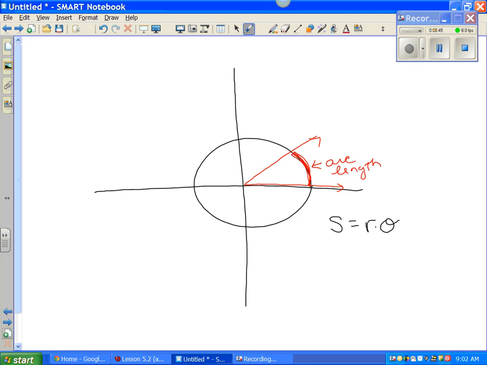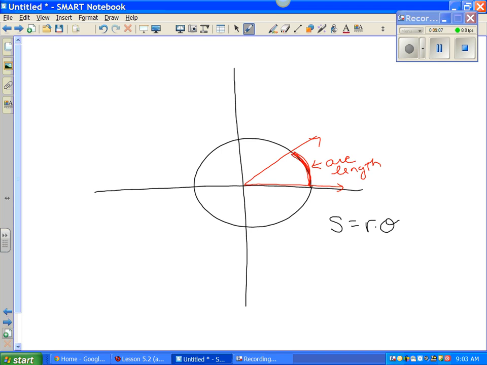And there's a bunch of different variations that you can change this formula around so that it's theta equals S divided by R. It doesn't really matter which way you choose to do it. I always use S equals R theta because it's easier for me to remember. Okay? So kind of important, you need to know what the S, the R, and the theta stand for, right? It is the arc length formula.